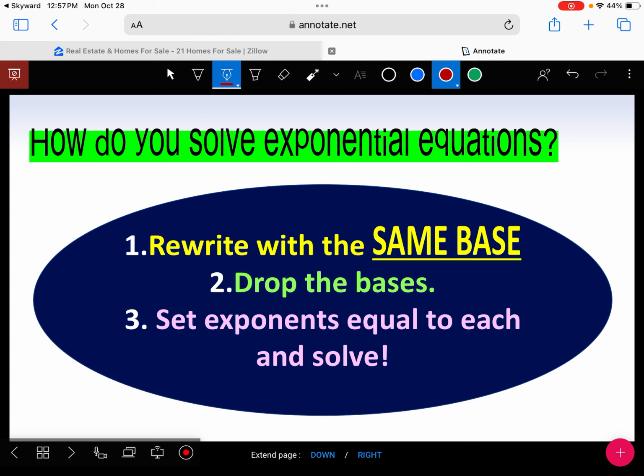The key for solving exponential equations is to rewrite both sides with the same base. And after you rewrite it with the same base, then we can get rid of the bases and just set the exponents equal to each other and solve.